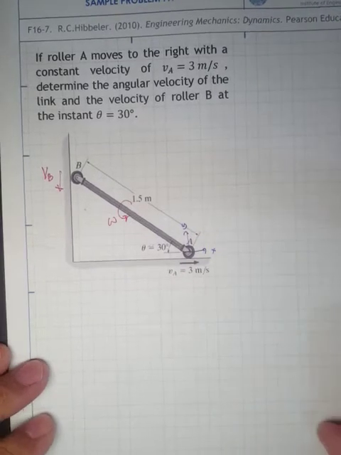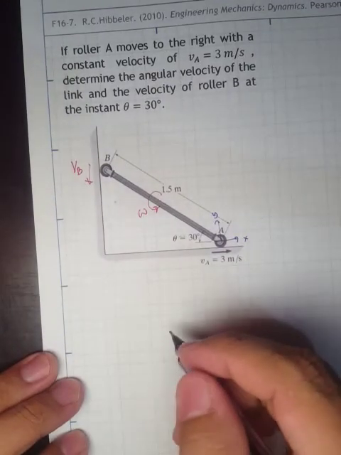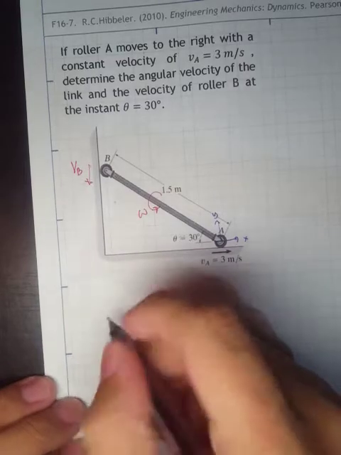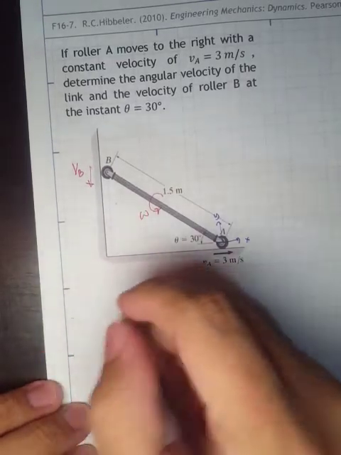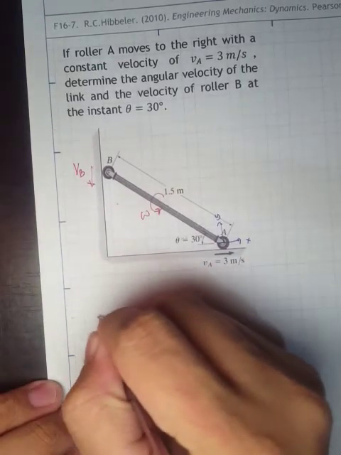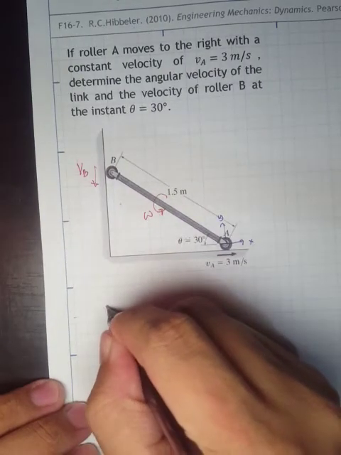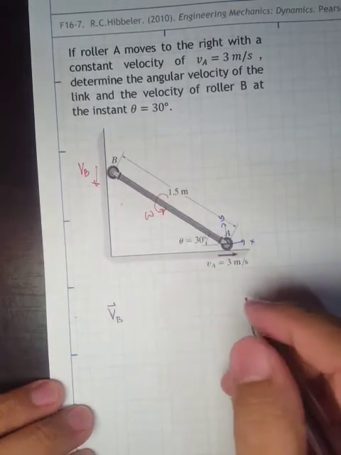Now we have to apply the relative motion equation. Let's do it in terms of vector notation.